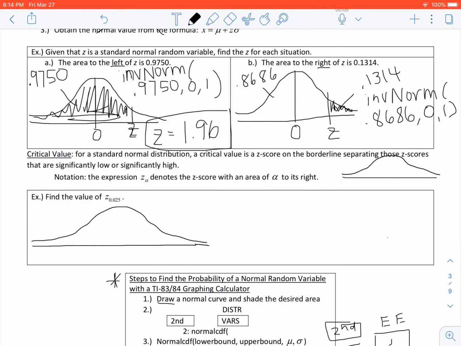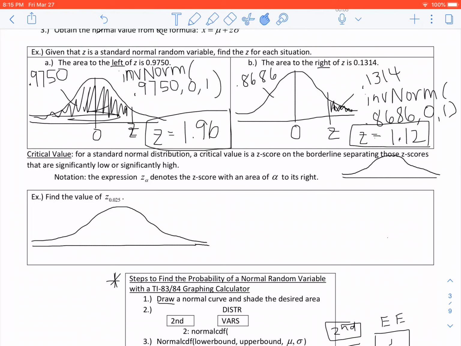Again, the mean is 0, the standard deviation is 1. And we are rounding our z values to 2 decimal places, so we get z is equal to 1.12. And again, your z value is to the right of 0, which means it should be a positive value.